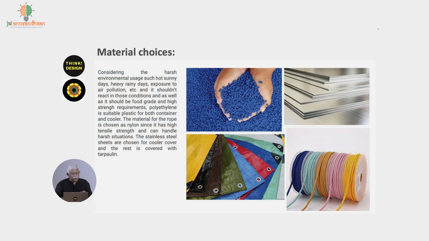So you have to make a lot of material choices, because it's very important that it should not get wet during the rainy season. So different choices were done. Sometimes it's sunny, sometimes it's heavy rains, there's air pollution, so the material should not react to all this. It should also be food grade and meet high strength requirements.